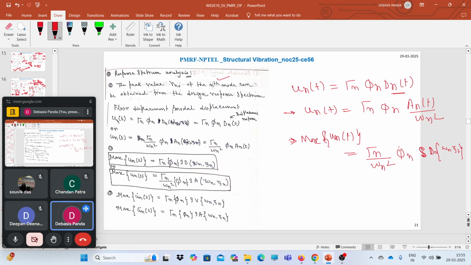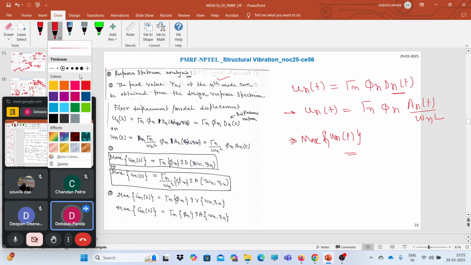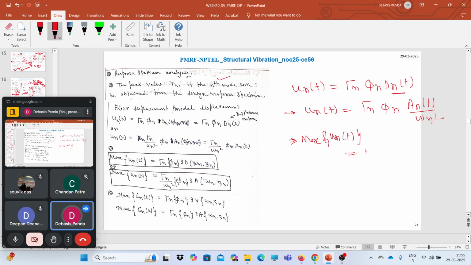Or you can use it like this, because we have the equation of spectral acceleration and displacement both, so we can easily use this equation in two ways. Like the maximum of u of t will be the participation factor, the modal information, and the spectral displacement corresponding to that particular omega n and zeta n, right? We can easily do it.